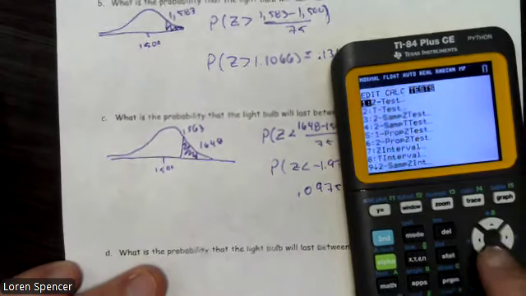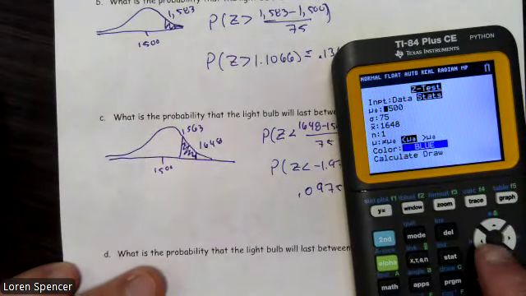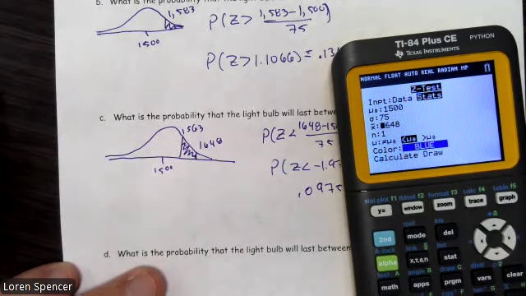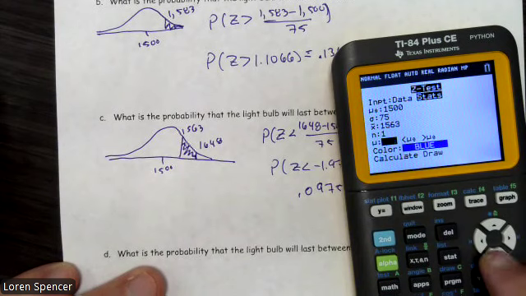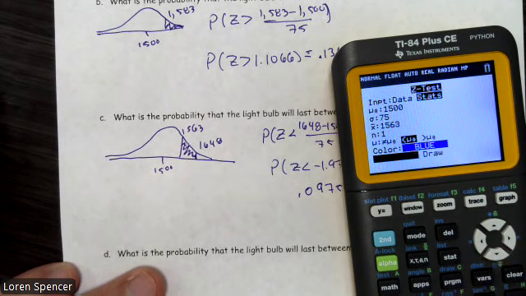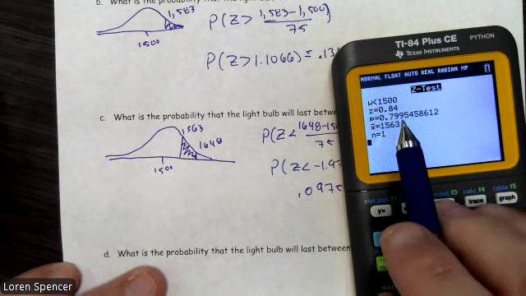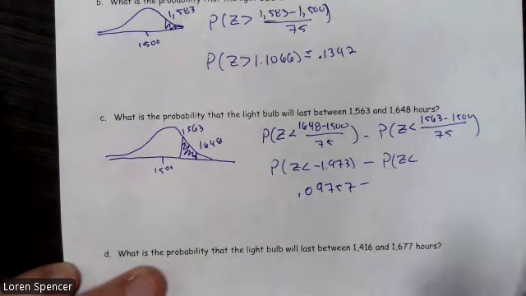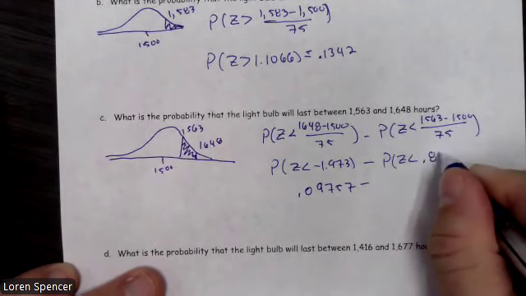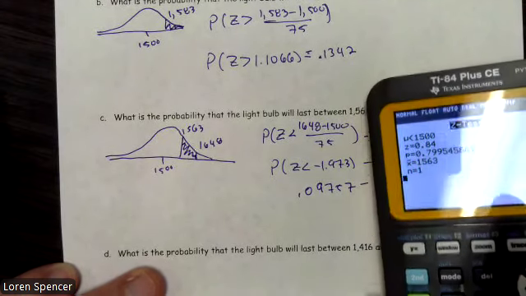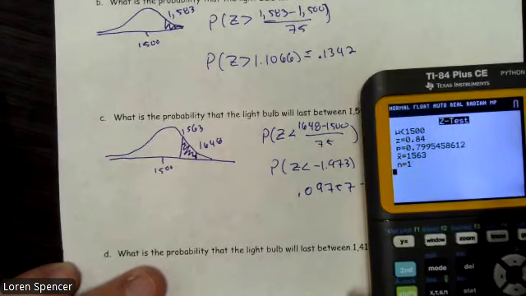So stat test, z test, changing it to 1563. Probability z is less than 0.84, and we end up with 0.7995.